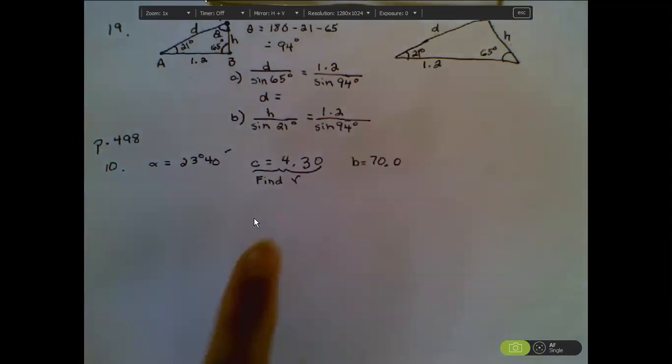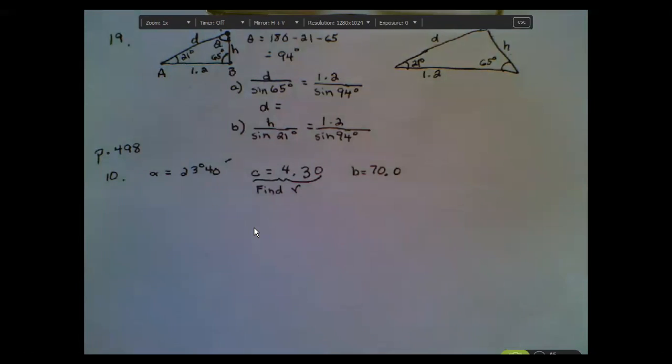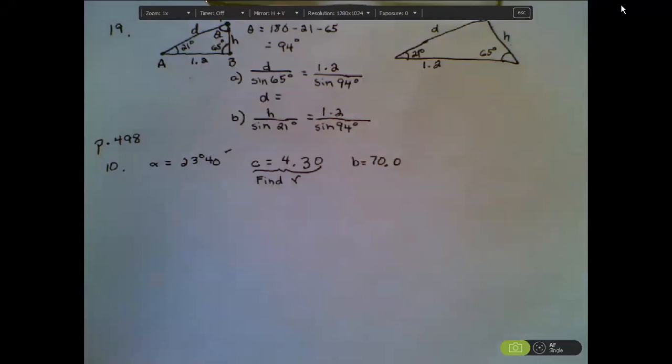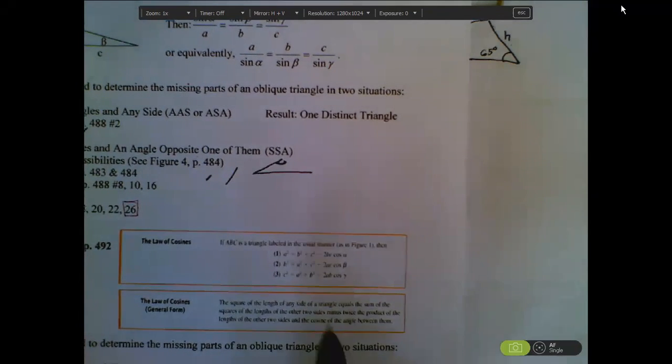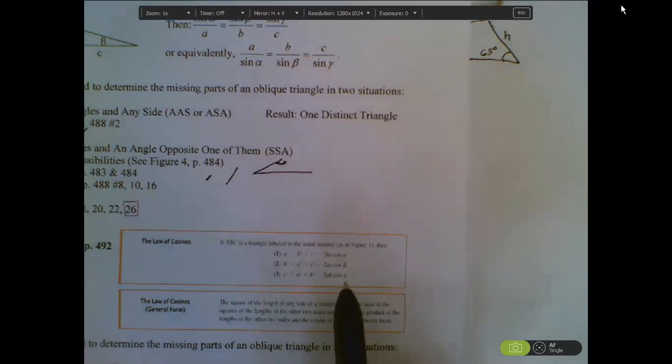So if I'm looking for gamma, then I need cosine gamma on the right-hand side, and that means the left-hand side is going to start with the side opposite gamma, and the side opposite gamma is C.